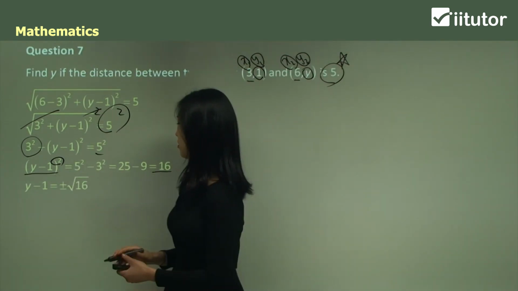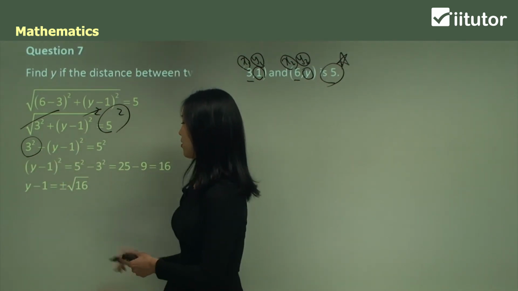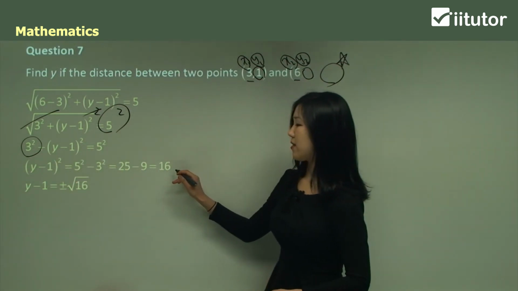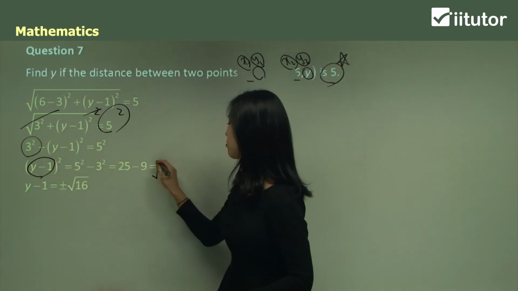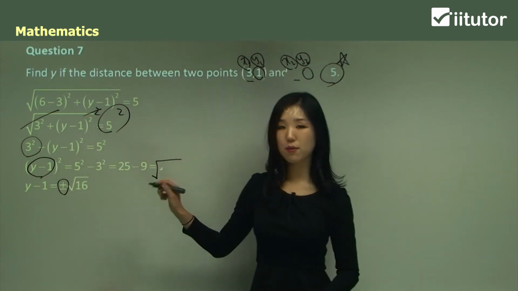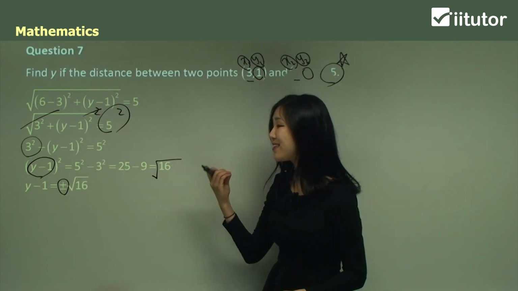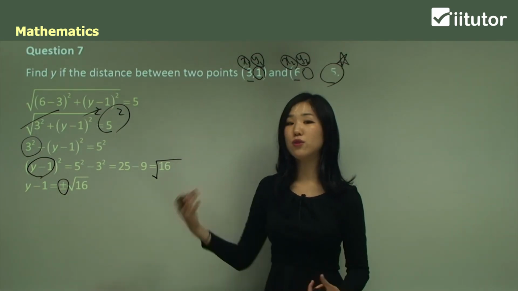So have a look here guys, because y minus 1 squared is 16, y minus 1 is the square root of 16 with the plus or minus. This is very important, guys, plus or minus, because negative root 16 squared is also positive.